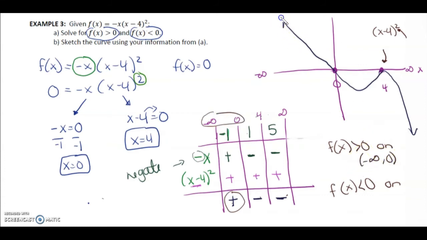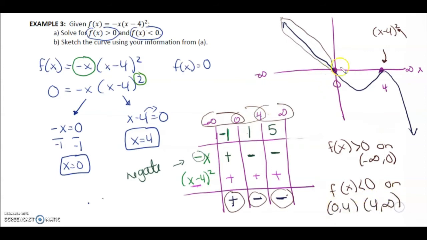We can also see that on the graph right here. And f at x is less than 0 on two different intervals, 0 to 4 and 4 to infinity. And on the graph, we can see that 0 to 4, 4 to infinity.